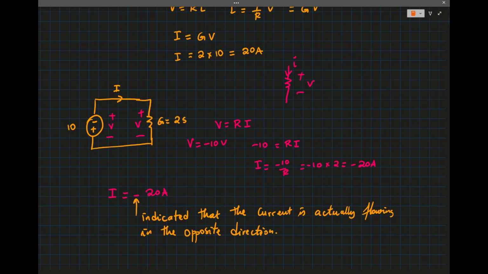That means when we solve a circuit, we are going to give an arbitrary direction for the current, and then we're going to calculate the current, and after we calculate the current, if we have a negative sign in front of the value, then we know that the current is actually flowing in the opposite direction.